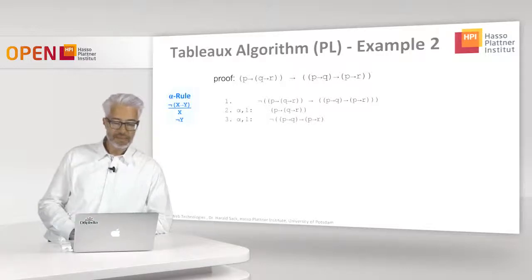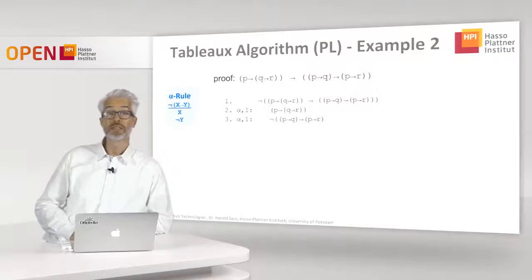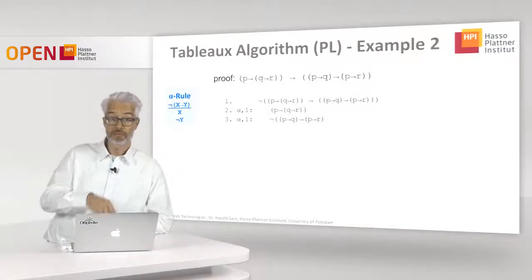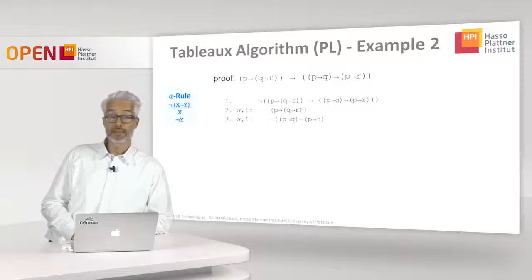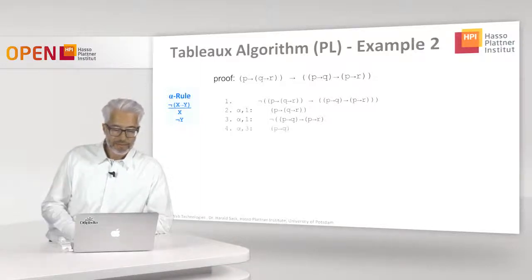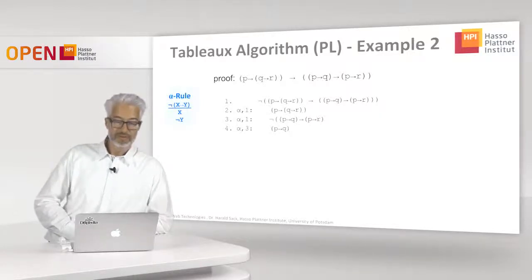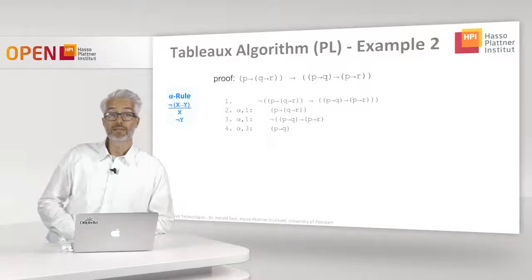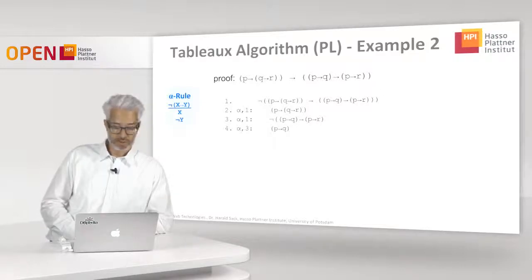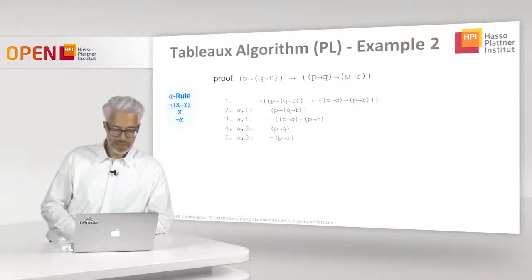So we extend the tableau with the first part and the last part of the implication we see here, while the first part is unnegated, and the second part is negated. Okay, let's continue. Same rule here, for example: row number 3 can also be extended with the alpha rule. So here we can extend it first with the first part of the implication, and then with the negated second part of the implication.